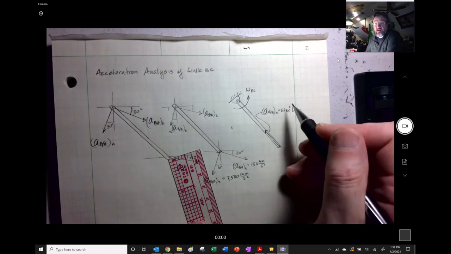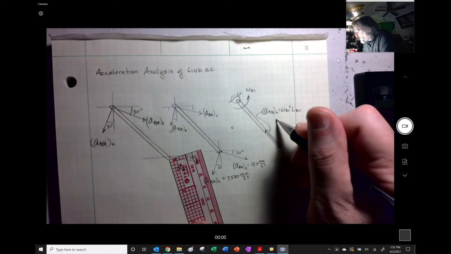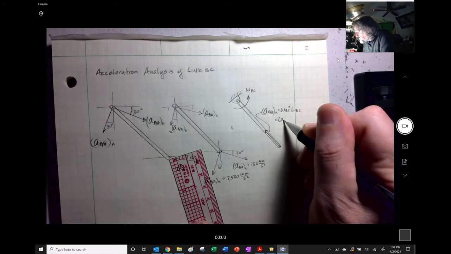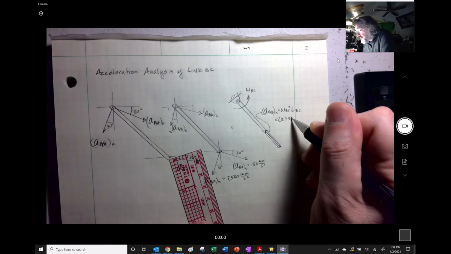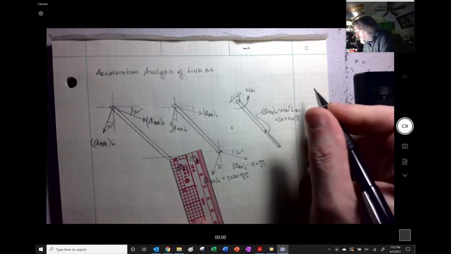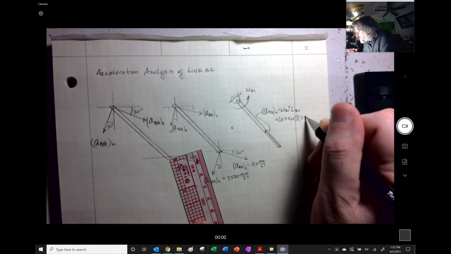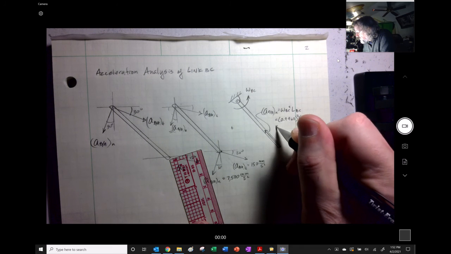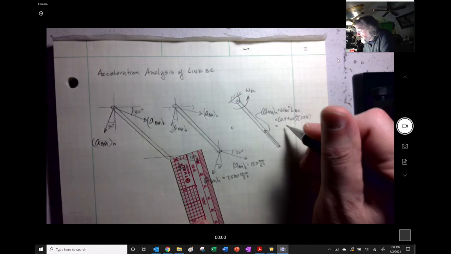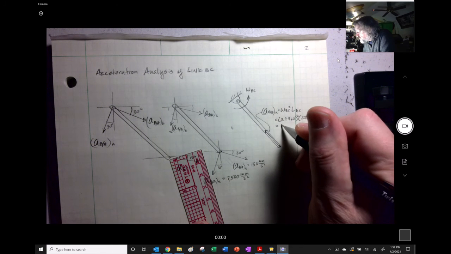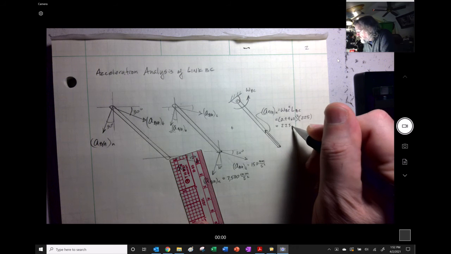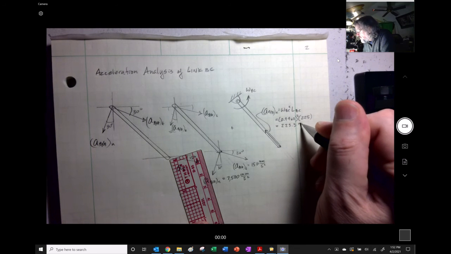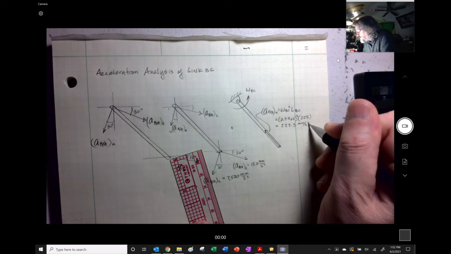I'd like to put the value of that in there, although it will be squeezing some stuff in. 0.9962 squared and 225. So that is 223.3 millimeters per second squared.